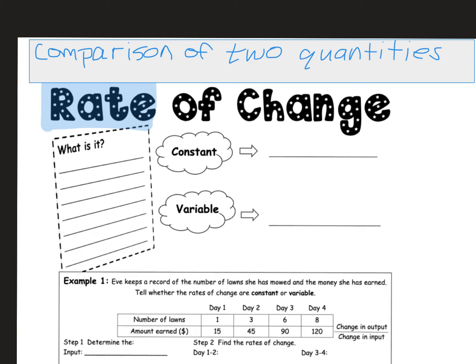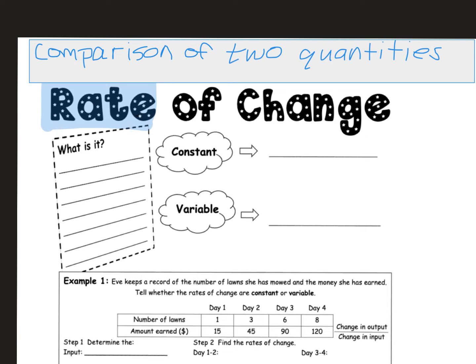The first thing you might recall from 6th and 7th grade is that a rate is when you're comparing two different quantities. So some of the most common ones you might hear is I'm driving 30 miles per hour, or I am running 20 feet per second, or something like that.